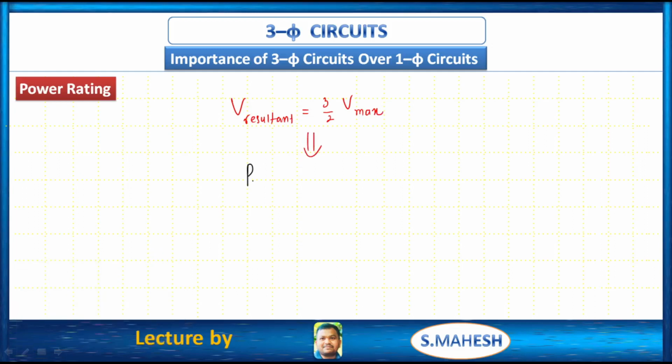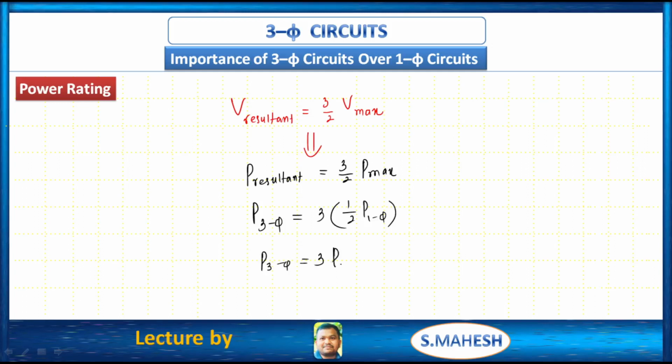Therefore the resultant power from a 3-phase circuit is 3 by 2 times the maximum power, which equals 3 into 1 by 2 of single phase, which equals 3 times the power in single phase.